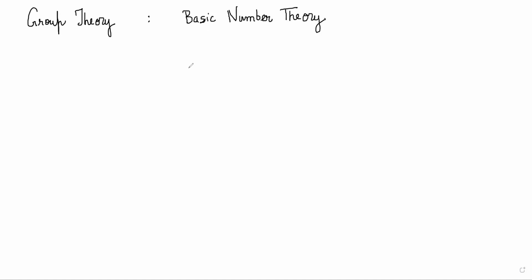Let's just begin. The first thing that we want to talk about here in number theory is the well ordering principle. That is a very important axiom that is required for proper analysis of group theory concepts. So, what is the well ordering principle?